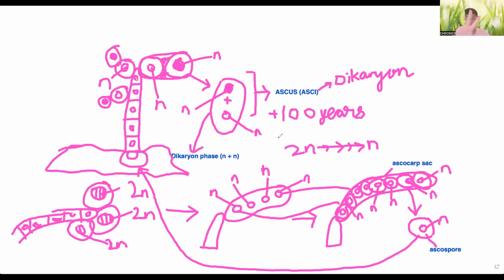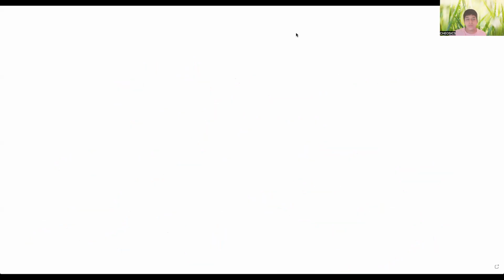It gives rise to 4 haploid nuclei. These will conduct mitosis and split into 2 each. So 2 4s are 8. You get 8 total spores here. There are a lot of pictures of ascocarps. You can see 8 large nuclei formed there. Once this ascocarp bursts, your spores, your ascospores, get released, and they will germinate, create a new neurospora, and the whole cycle will take place again. So this was sexual reproduction in Ascomycetes.